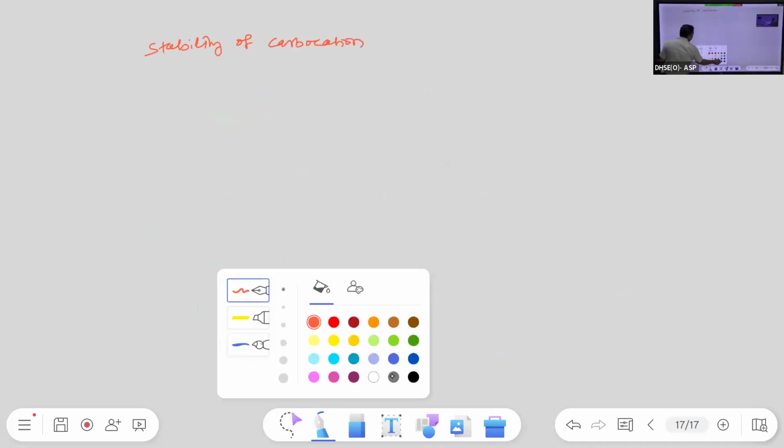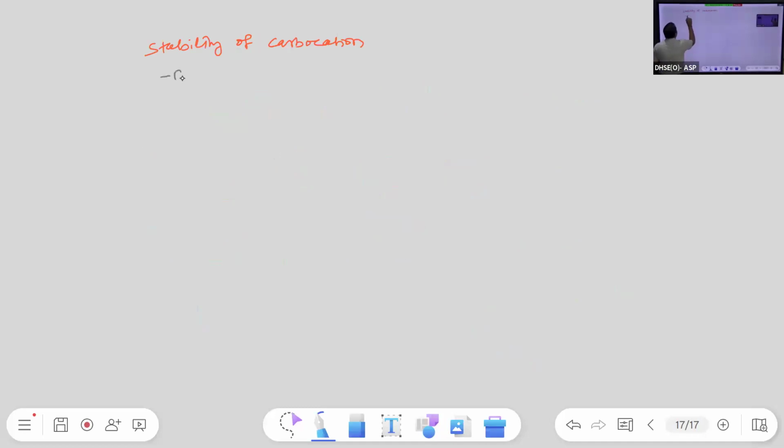So for stability of carbocation, it is plus R, then resonance, then hyperconjugation, then plus I. Then comes no effect. Then minus I, then minus R.